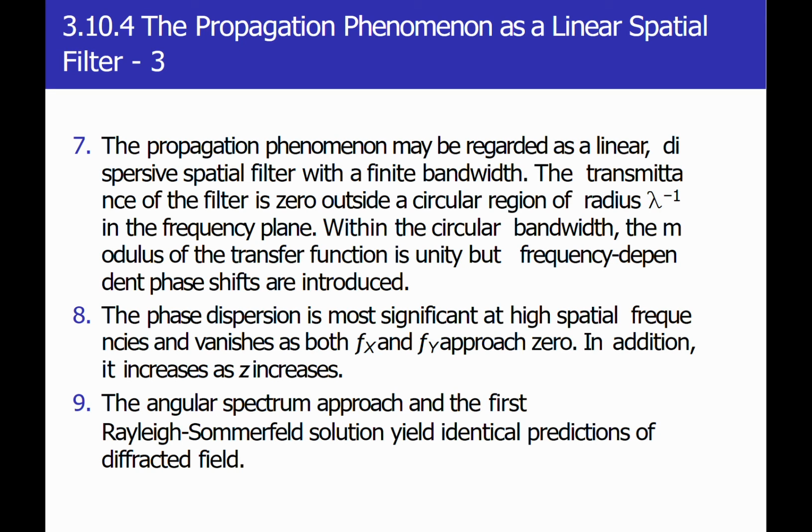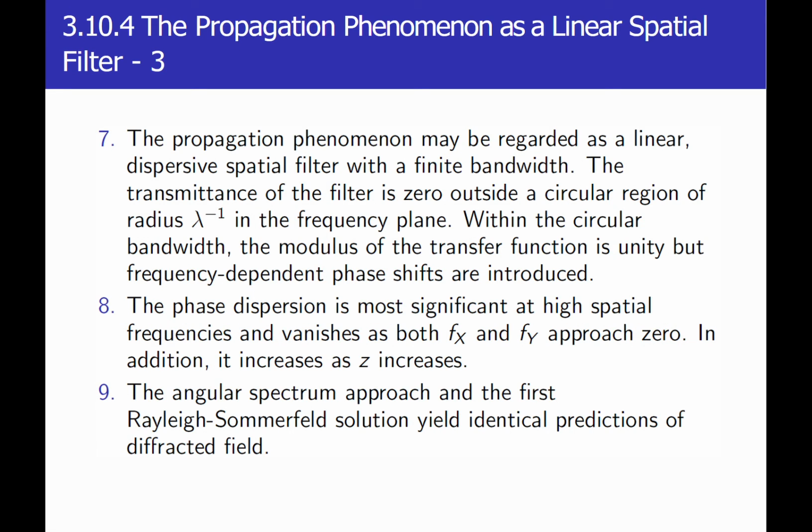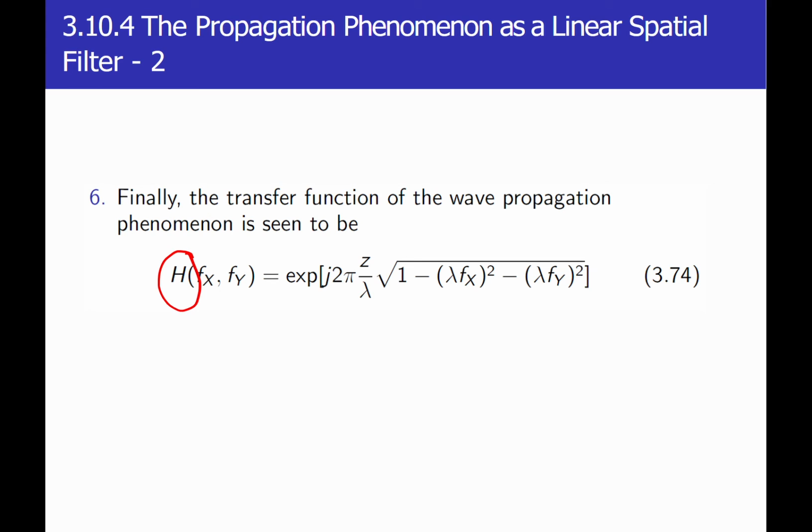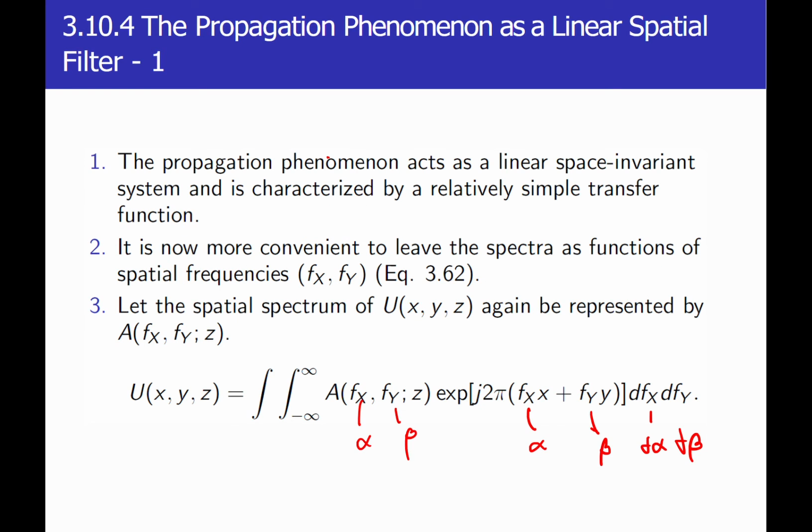So what I would like to say is the importance of two outcomes. One is we start with this very simple Fourier transformation. But if you look at it, it's not that trivial. It's the Fourier transformation on fx and fy, but the z dependence is something else.